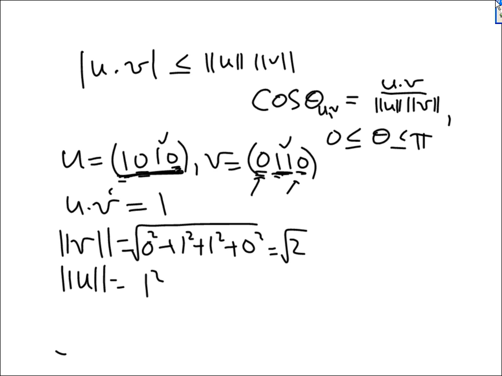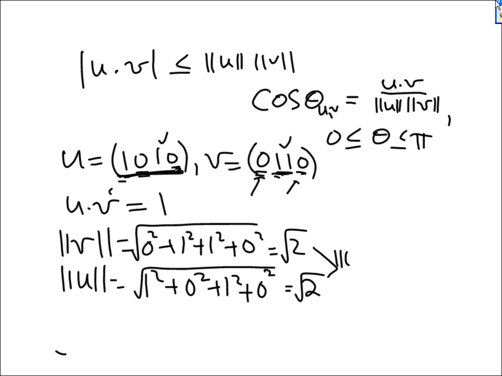Well, you think if I write them in different orders, they won't add up to the same? No, it's going to add up to 2, the square root of 2. So this tells me that the length of u times the length of v is the square root of 2 times the square root of 2, which is 2.